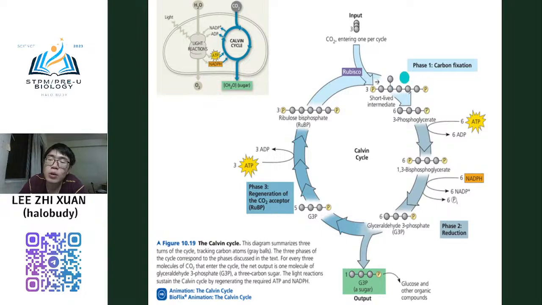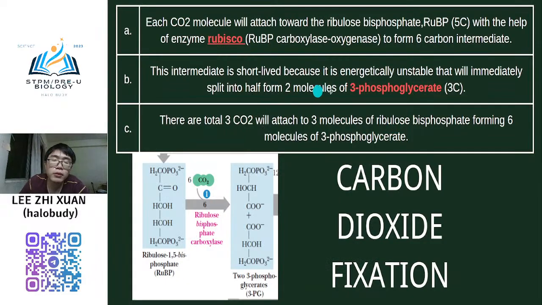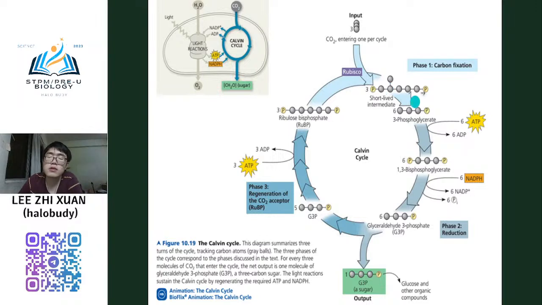This is just a short-lived intermediate only, a 6 carbon intermediate. Meaning that there are 6 carbon, right?